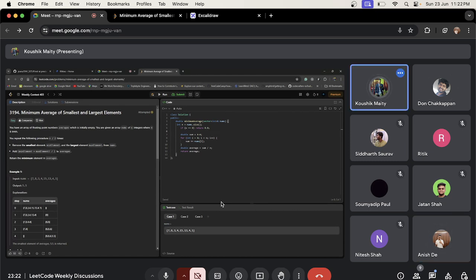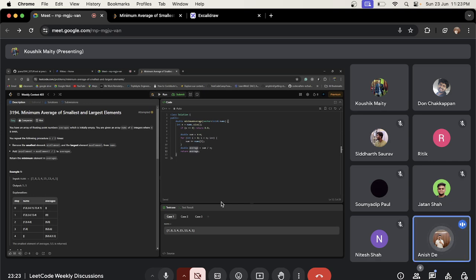Okay. First of all, I took the size of this vector, and if there is no value, just return 0. Then I took a double variable sum, and added all the elements into the sum variable, and then divided the sum by the number of elements to get the average and returned it.